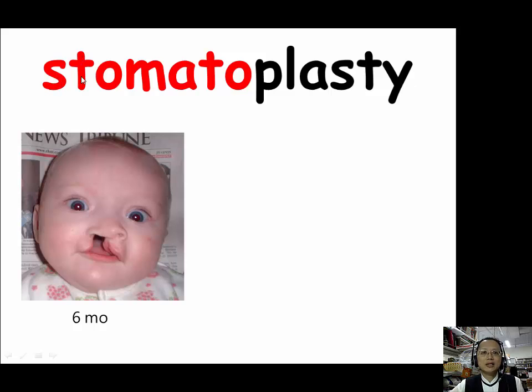Our example for stomato is stomatoplasty. Stomatoplasty is the plastic repair of defects or reconstruction of the mouth.